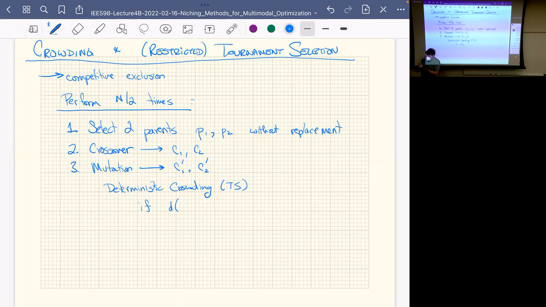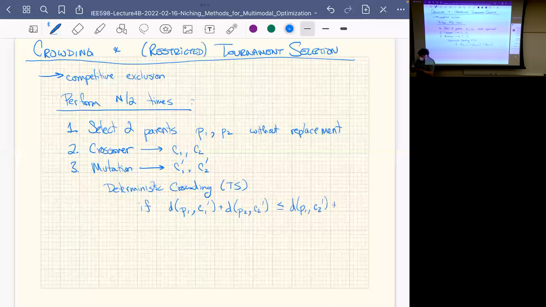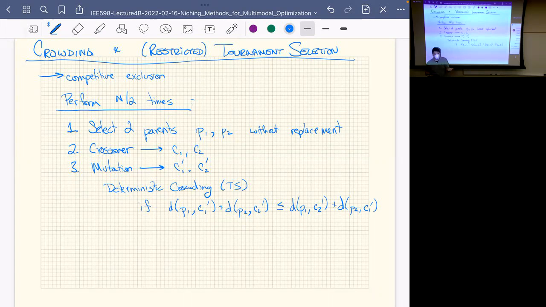If the distance between parent 1 and offspring 1 prime, this is like a little triangle inequality type thing, plus the distance between parent 2 and offspring 2 is less than or equal to the distance between parent 1 and offspring 2 plus the distance between parent 2 and offspring 1, then we're going to compete offspring 1 versus parent 1 and offspring 2 versus parent 2.